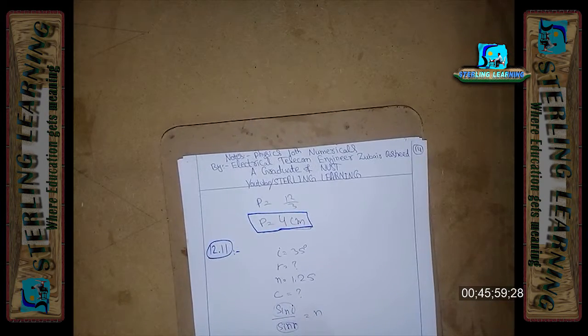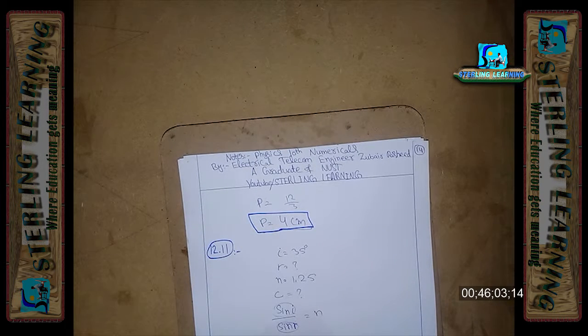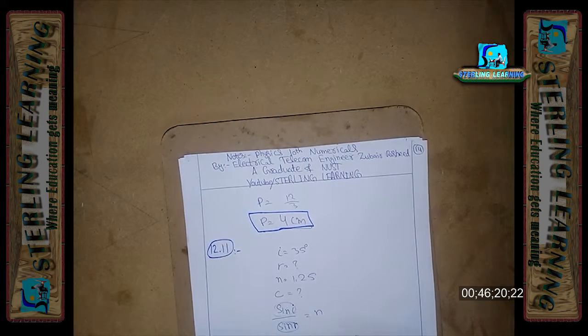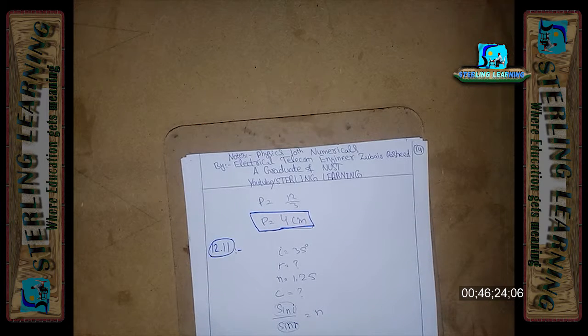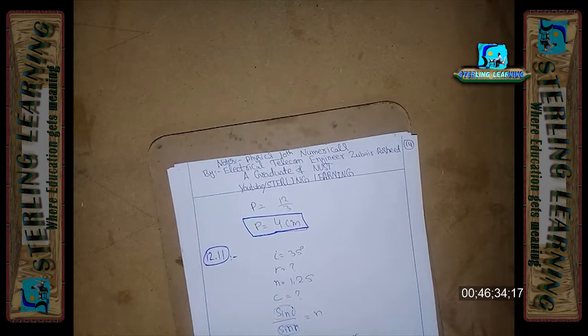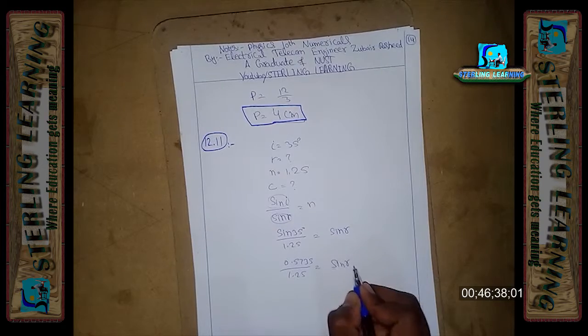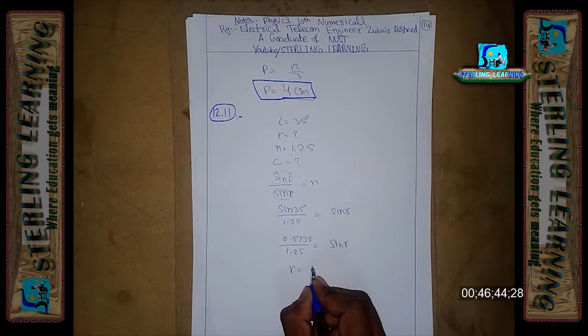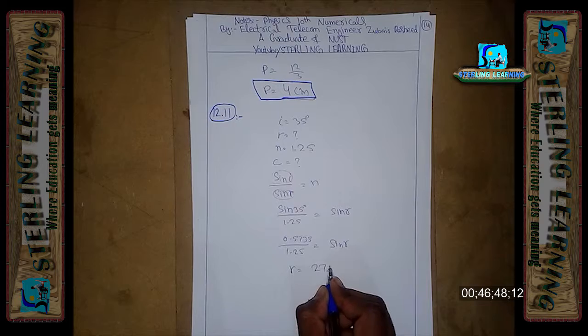So sine I over n, sine 35 over 1.25, is equal to sine R, because we need to find this R. So we get 0.5735 over 1.25 is equal to sine R. We get the refracted angle as 27.31 degrees.